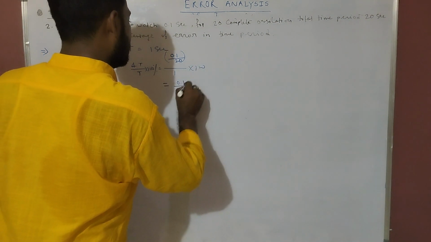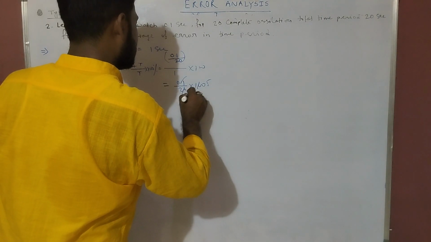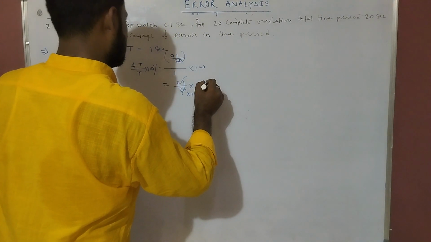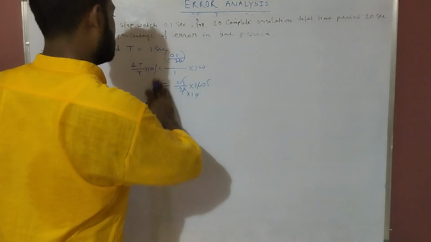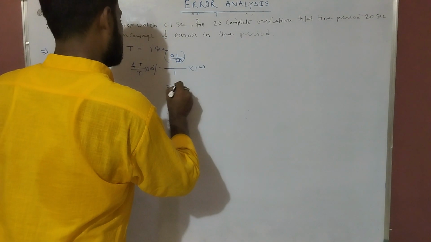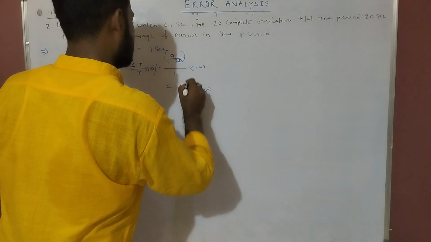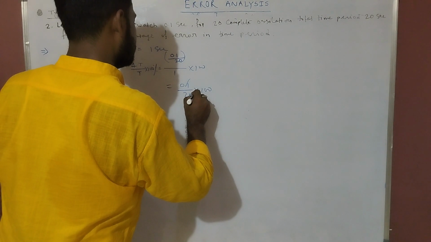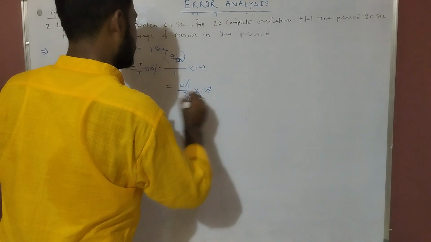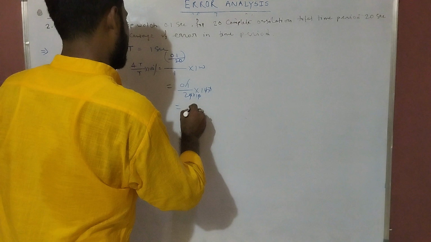This will be the answer: 0.1 by 20 into 100, which is 0.5%.